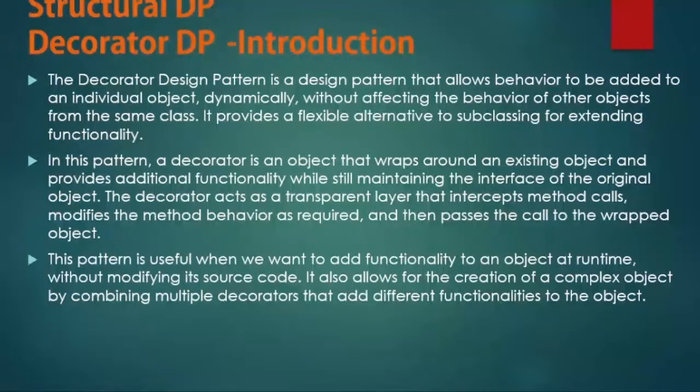This pattern is useful when you want to add functionality to an object at runtime without modifying its source code. It also allows for the creation of complex objects by combining multiple decorators that add different functionalities to the object.